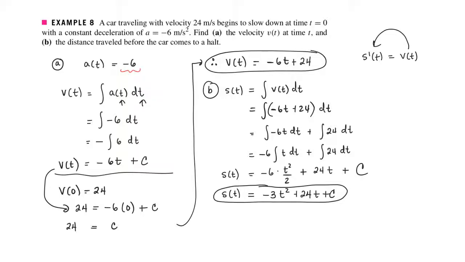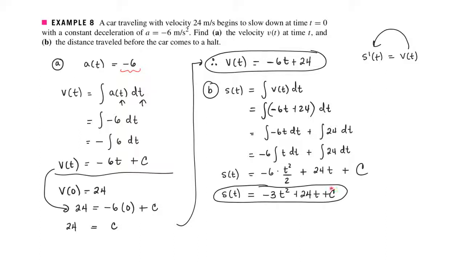Now, if we look back at the question, part B says to find the distance traveled before the car comes to a halt, before we stop. So from the moment when we started our stopwatch, when t was equal to 0 seconds, until the car comes to rest, I want to be able to find that position. Right now I have a general position.